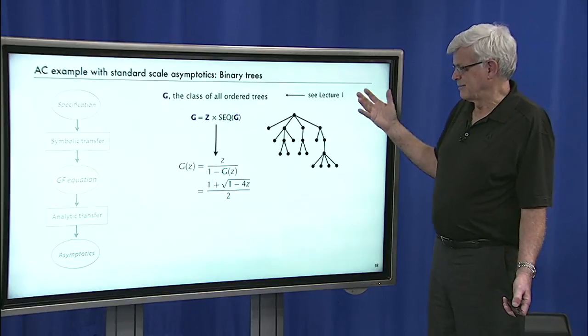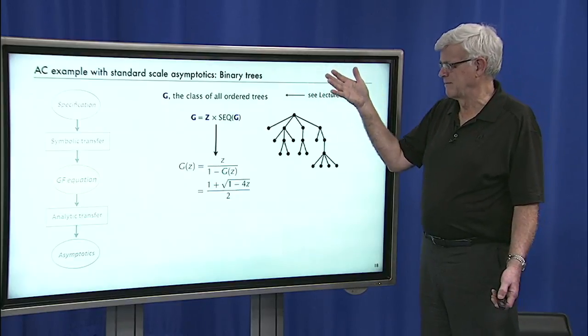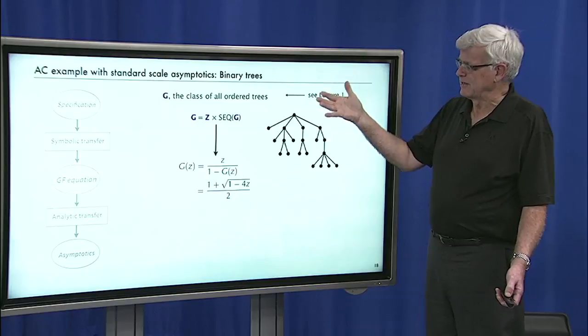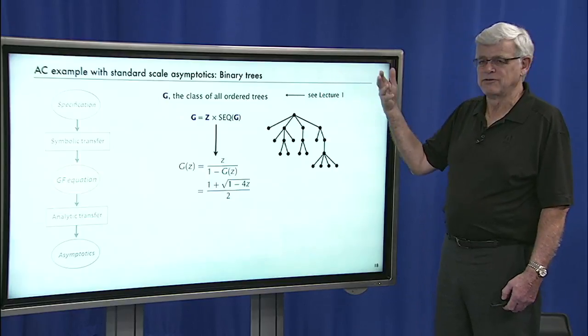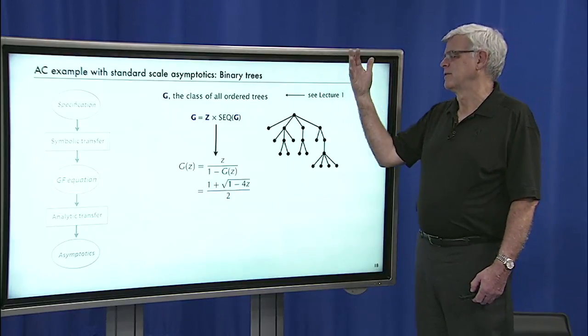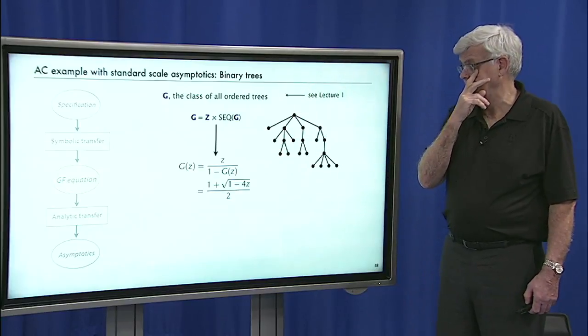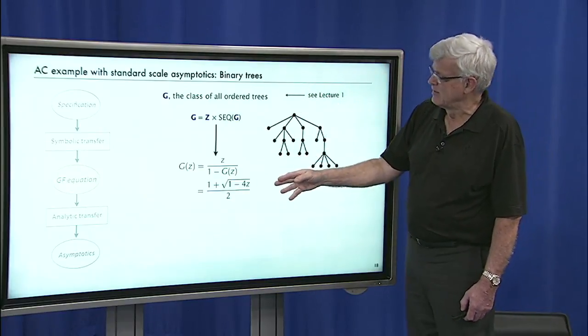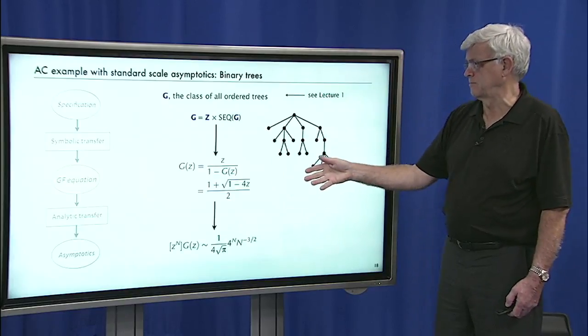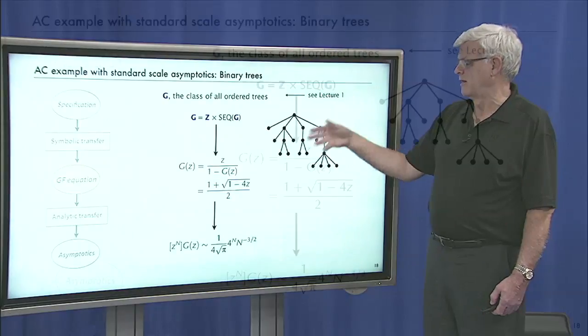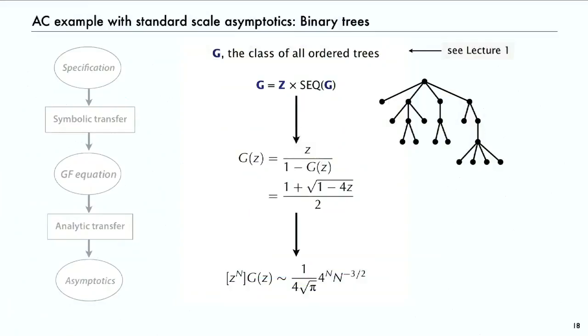So, as I mentioned, the promise of analytic combinatorics allows us to work at a high level with constructions immediately giving generating function equations by the symbolic method, and then a transfer theorem that takes those generating function equations right to coefficient asymptotics.